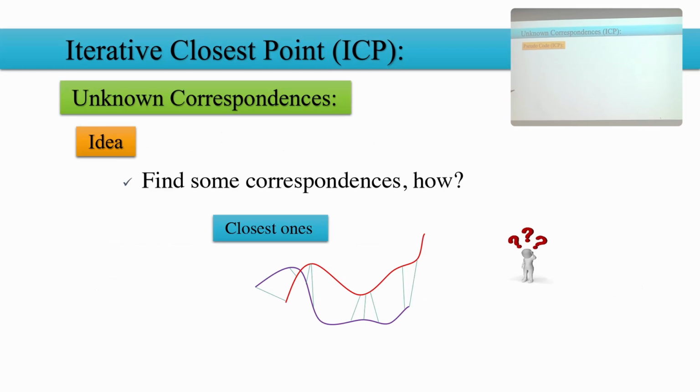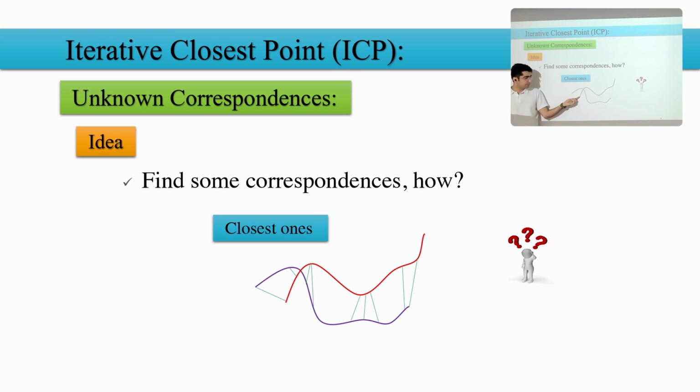Because at the first step, you may apply these guesses and do the translation and rotation, but maybe you will still have error at the first step. This moves closer but does not match completely.